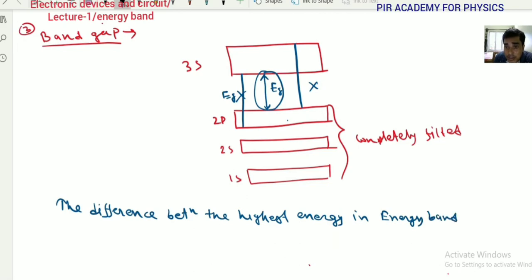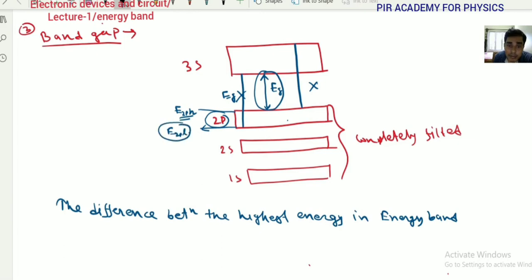Suppose this is the 2p energy level. This is the highest energy of the 2p band, and this is the lowest energy of the 2p band.